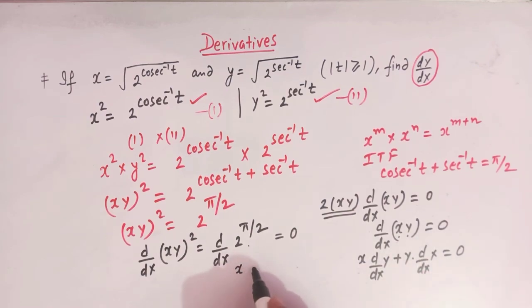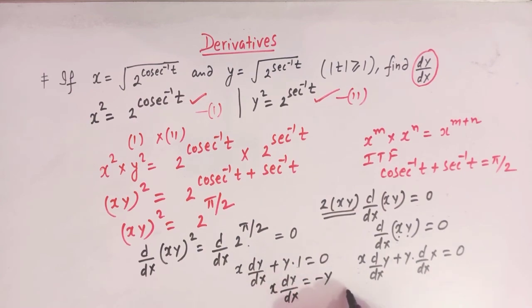So we have x dy over dx plus y times 1 is equal to 0. So we have x dy over dx is equal to minus y. So dy over dx is equal to minus y over x, right? So we see that again we have arrived at the same result, right? So this is how, by these two methods, we can solve this problem easily.